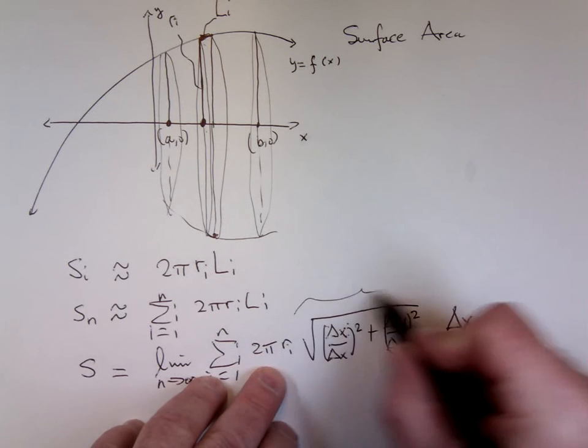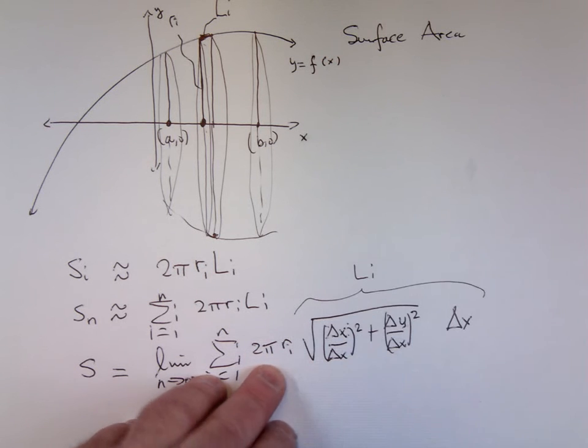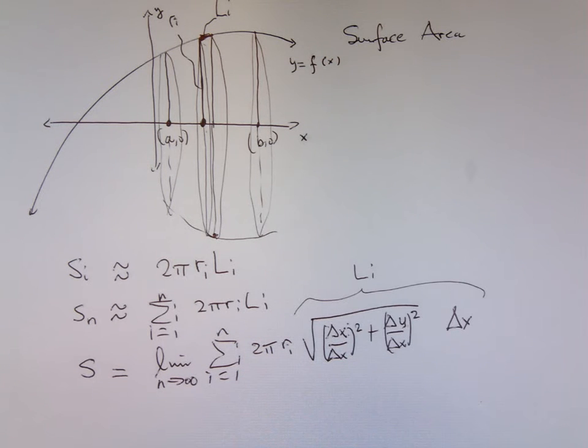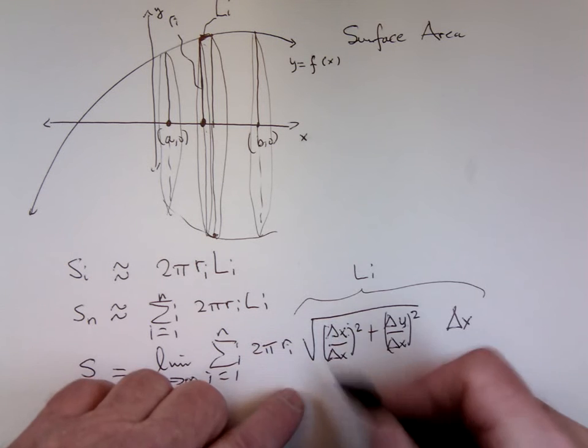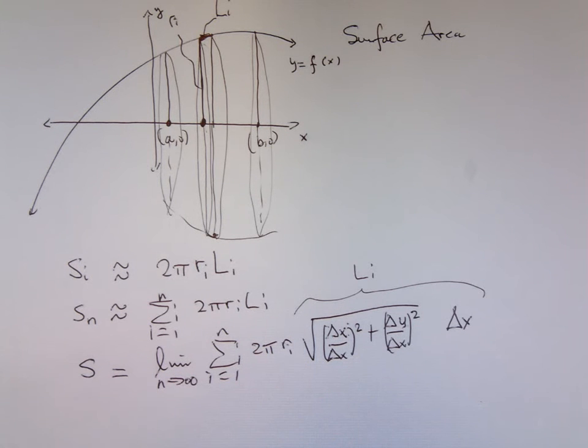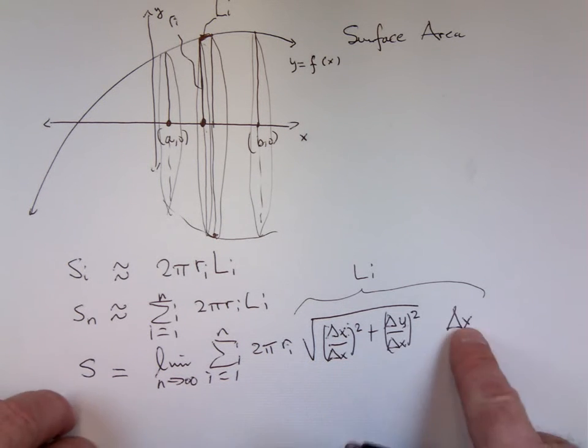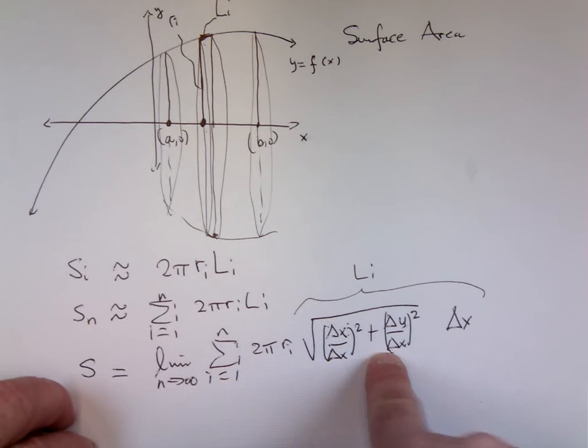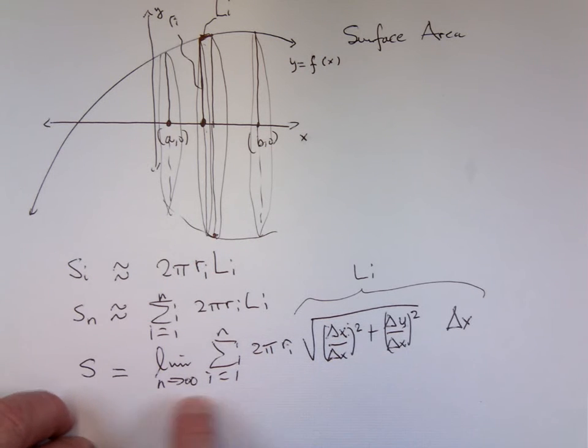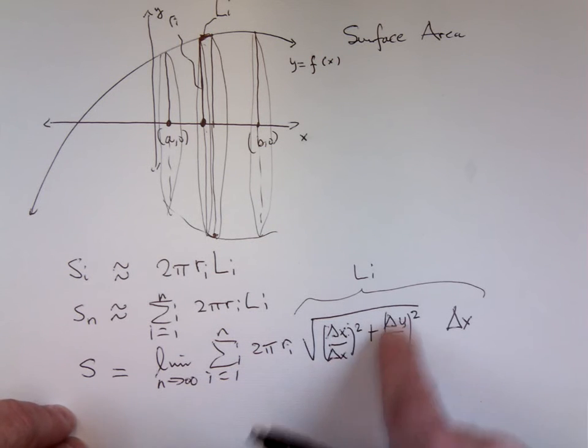What the L part is, that square root, it's the hypotenuse. And then multiply and divide by a delta x in the form of the square root of delta x squared. As n goes to infinity, the delta x's will go to 0. This is equal to 1. This is equal to the derivative. This is a delta x. So we have this.